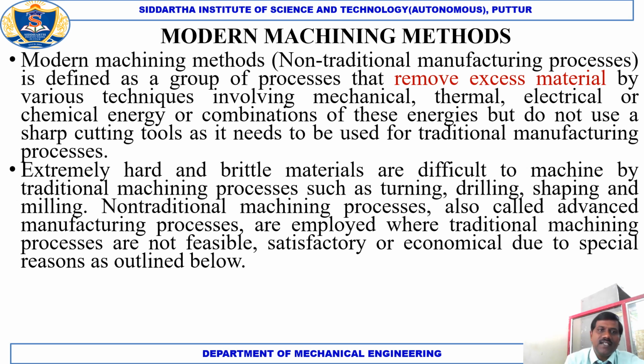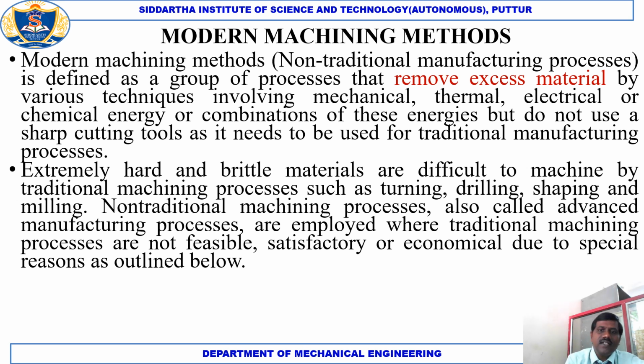This modern machining methods is defined as a group of processes that removes excess material by various techniques involving mechanical, thermal, electrical or chemical energy or combination of these energies, but do not use a sharp cutting tool as it needs to be used for traditional manufacturing process.